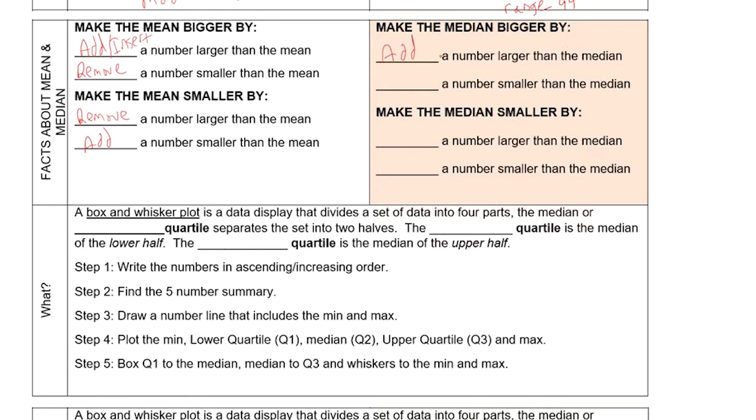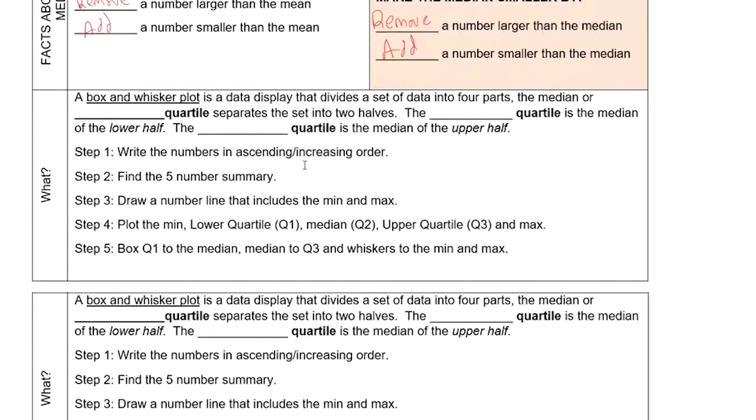Again, you can add a number, and that will make the median larger, or you can remove a number smaller than the median, and that'll make the median larger as well. And vice versa, to make it smaller, you remove a number larger than the median, or you add a number smaller than the median.